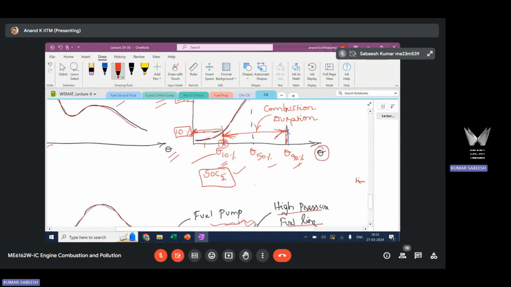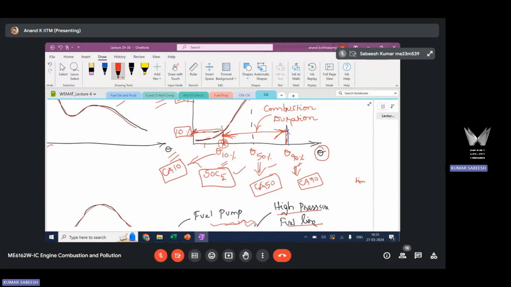So this one is referred to as CA10, which is 10% of cumulative heat release. This is referred to as CA50, 50% of cumulative heat release. And then the next one is CA90, where 90% of the cumulative heat release happens.